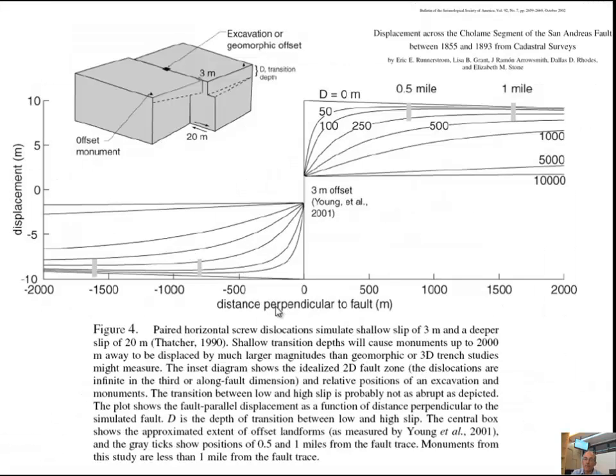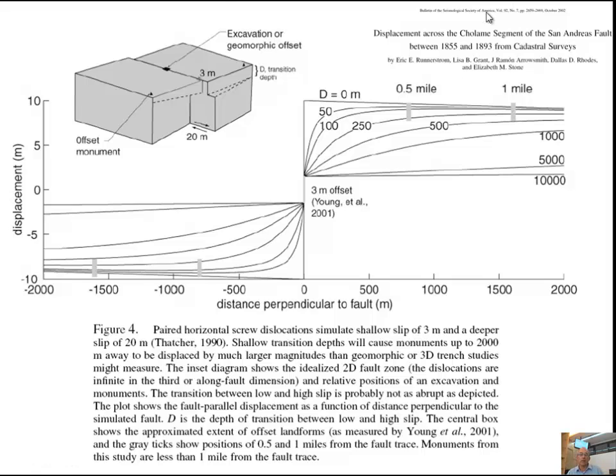But what we found was that at some distance, about 1,000 meters away from the fault, somebody measured about almost 20 meters of offset between these 2 stations. So we thought, well, how do you reconcile this?